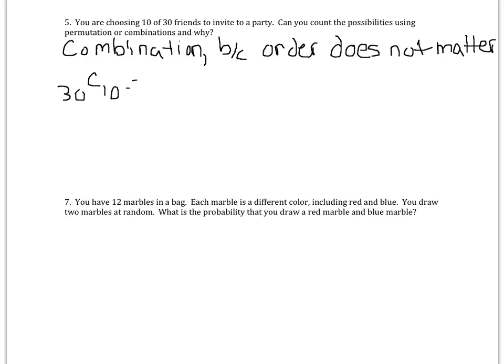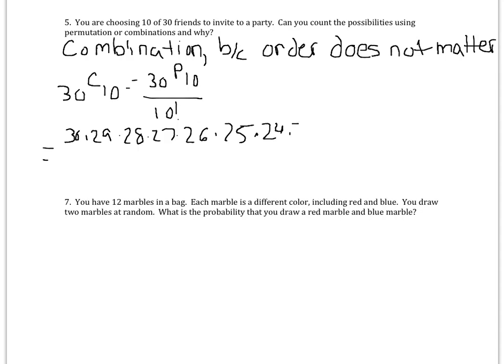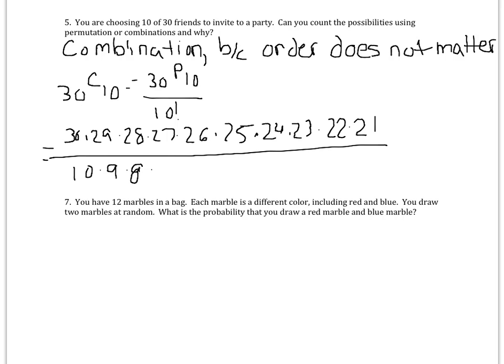So that would be 30 permutation 10 divided by 10 factorial. 30 minus 10 is 20, so that means you forget 20 on down, so you have 30 times 29 times 28 times 27 times 26 times 25 times 24 times 23 times 22 times 21, divided by 10 factorial, which is 10 times 9 times 8 times 7 times 6 times 5 times 4 times 3 times 2 times 1.